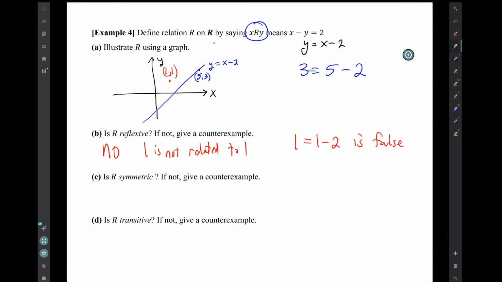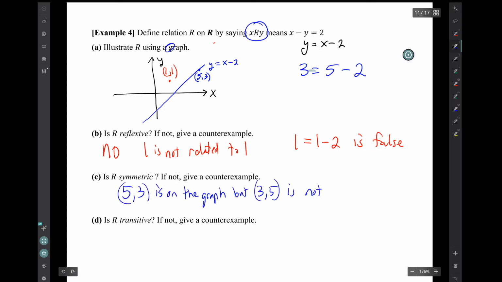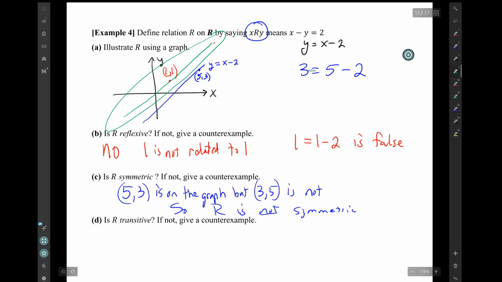Since that equation is true, this point is on our graph. But the point (3, 5) is not on the graph. So that tells us that the relation is not symmetric. So you can see that for a relation to be symmetric, the graph must be symmetric across the main diagonal. So the mirror image of the graph must be part of the graph as well.